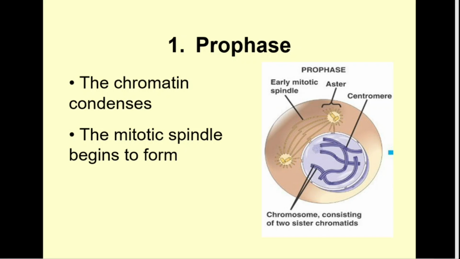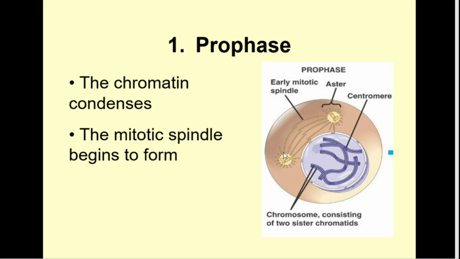So they are these hollow tubes that are used for sort of heavy shifting work inside the cell. And microtubules begin to grow out of the centrosomes, and then they will actually meet each other in the middle of the cell, and they start to form something called the mitotic spindle.